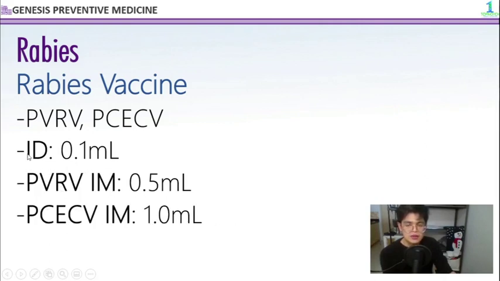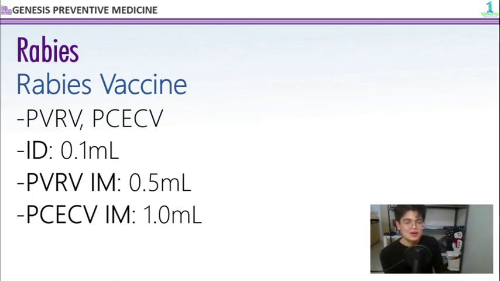For any intradermal dose, you will give 0.1 ml, similar to other intradermal vaccines that you need to produce a wheal with, like BCG, for example.